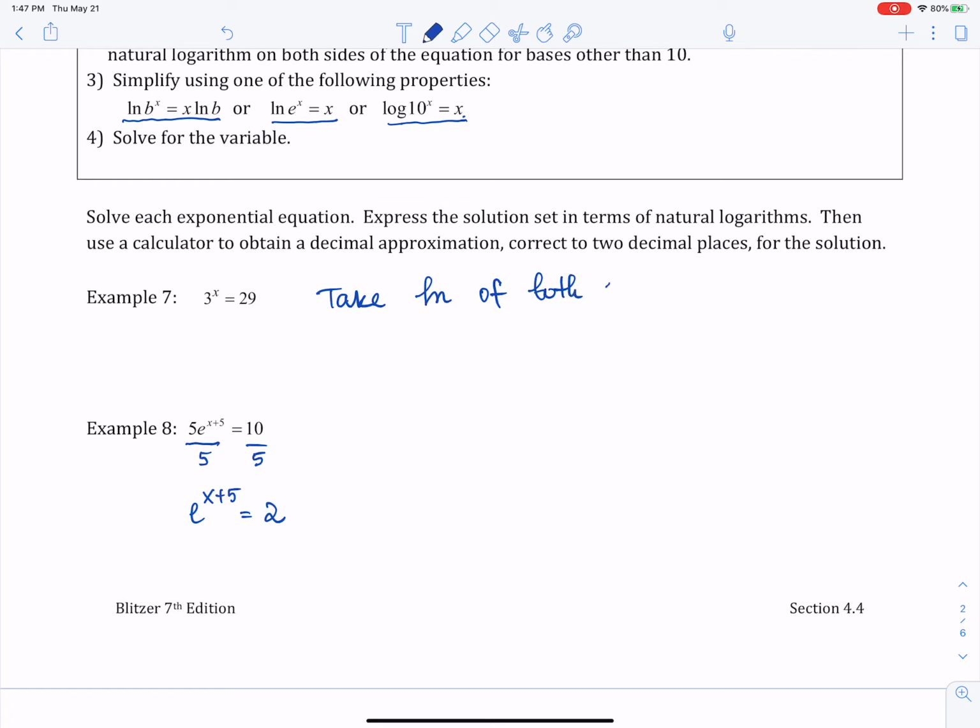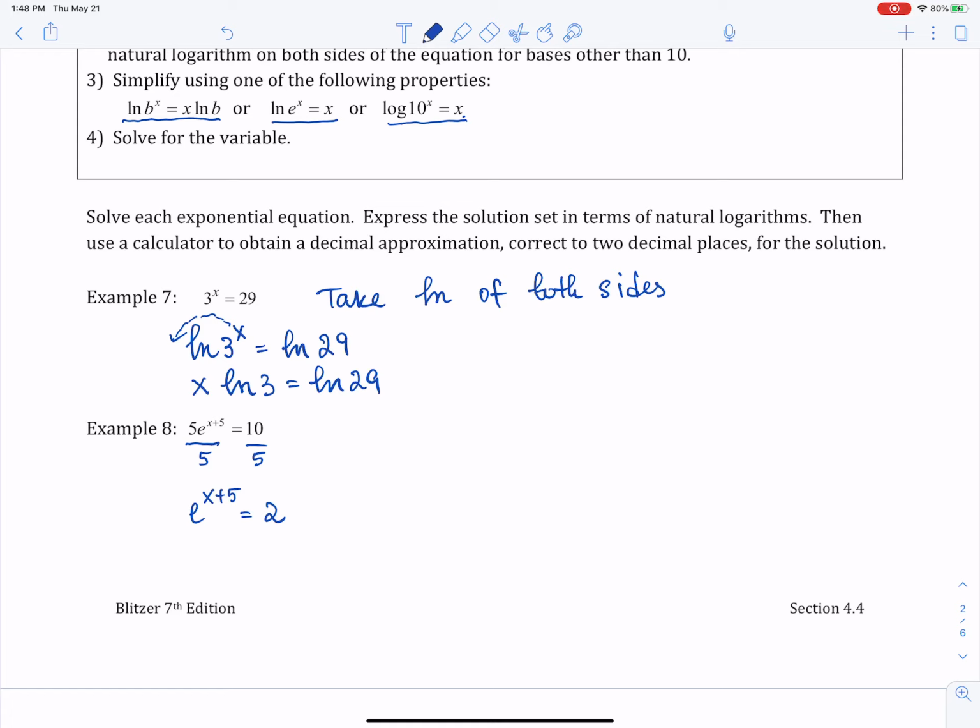It's going to be ln of 3 to the x is equal to ln of 29. Then I'm going to use the power rule, move the x in multiplication: x ln of 3 is equal to ln of 29.